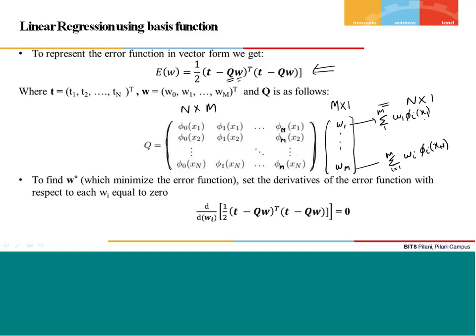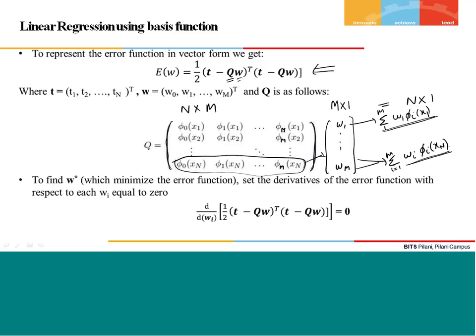So this belongs to the product of this row with this column, and I get this. This is the value that my hypothesis is giving.